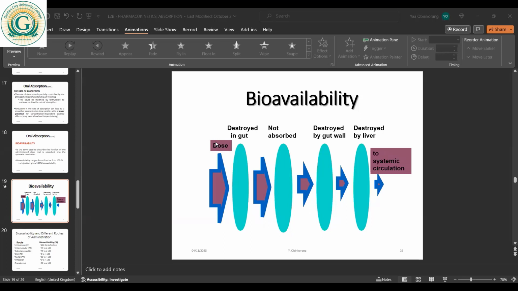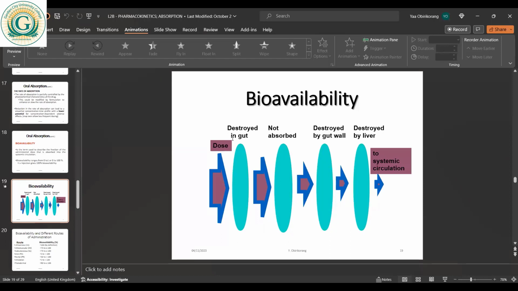But even in the blood, in the plasma, we have drug metabolizing enzymes. So if the drug is supposed to be metabolized by the enzymes that are present in the plasma, they would be metabolized.